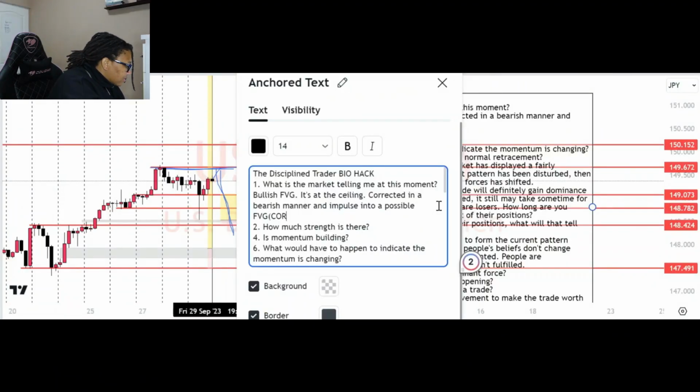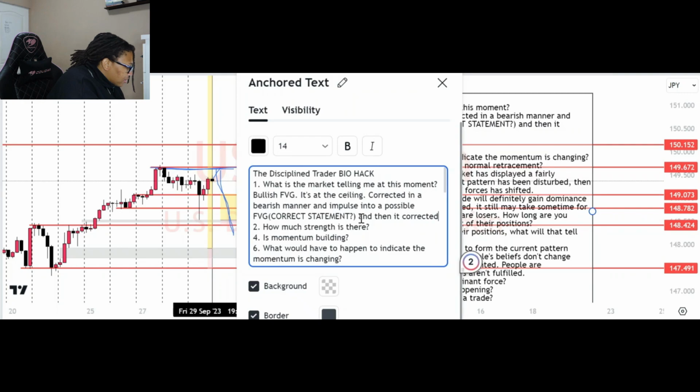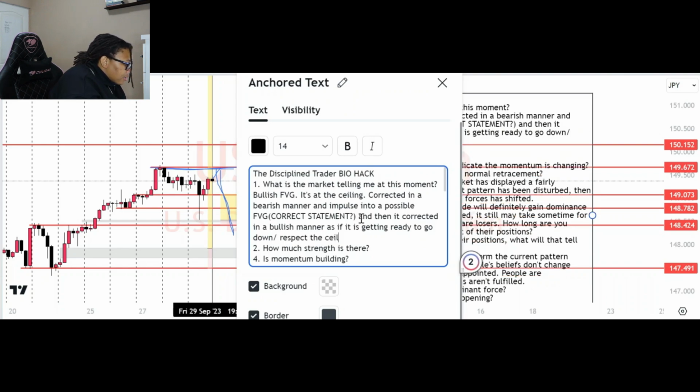I want to see if this is a correct statement, and then it corrected in a bullish manner, as if it is getting ready to go down or respect the ceiling.